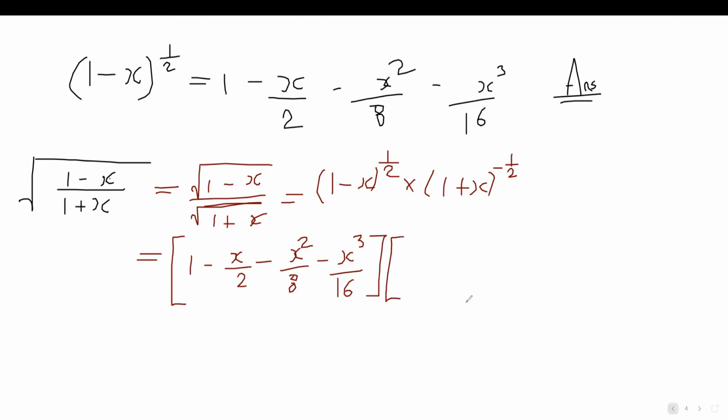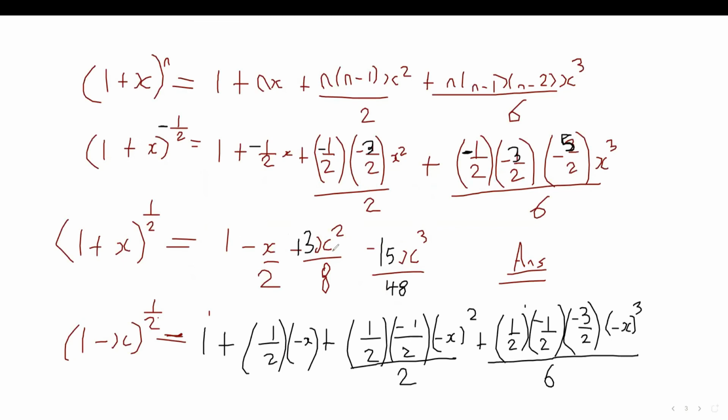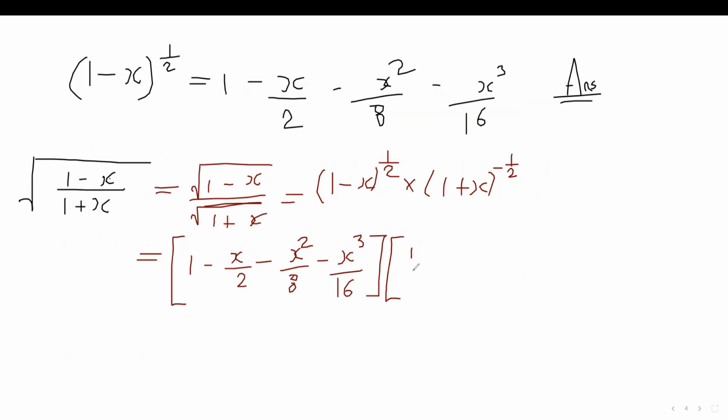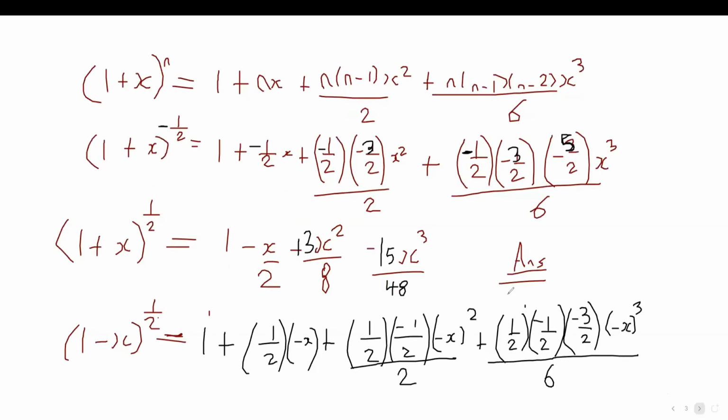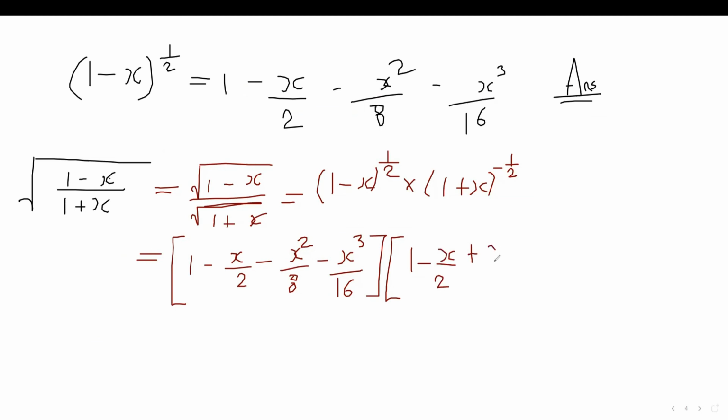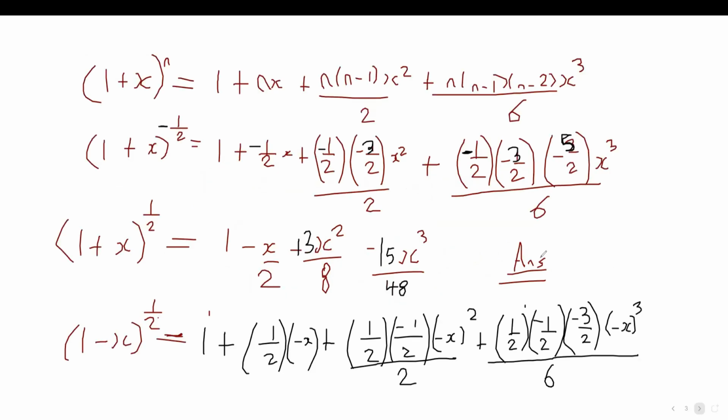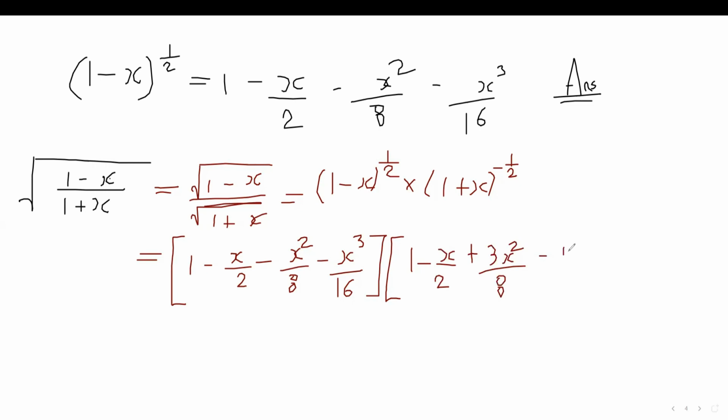The expression we have for it is right here, which is 1 minus x over 2, plus 3x squared over 8, and then minus 15 over 48 x cubed.